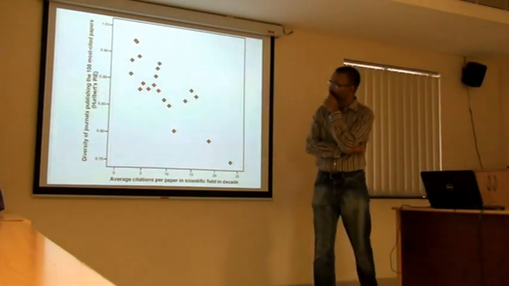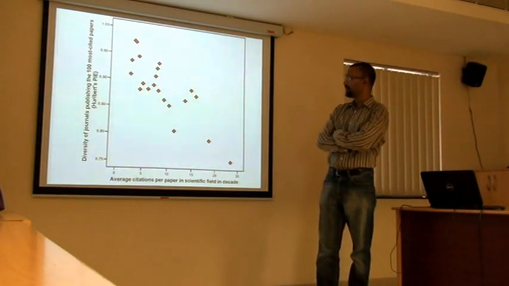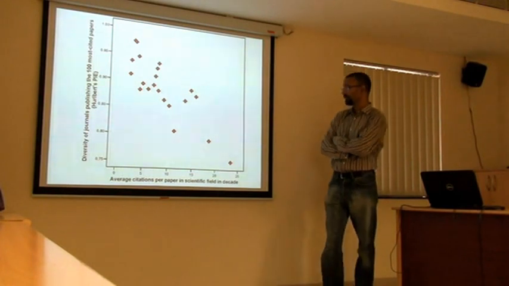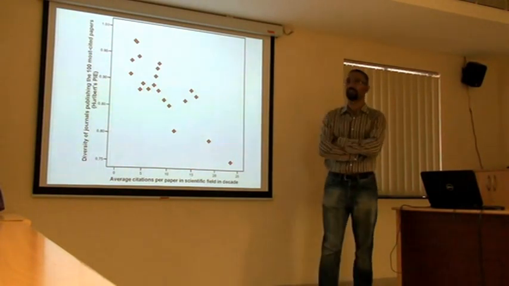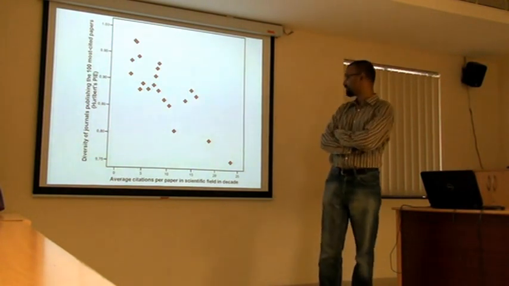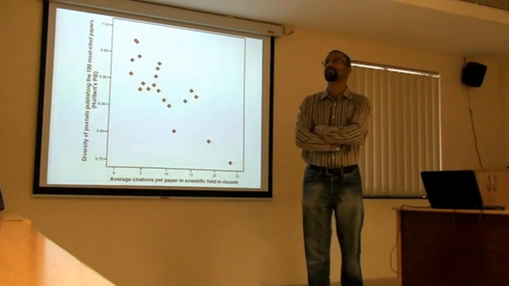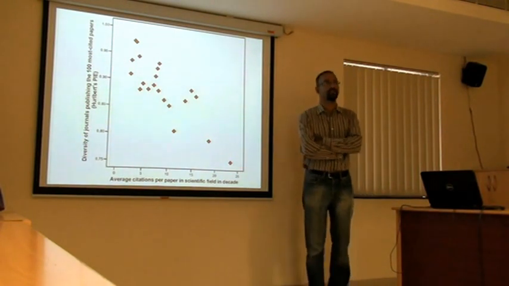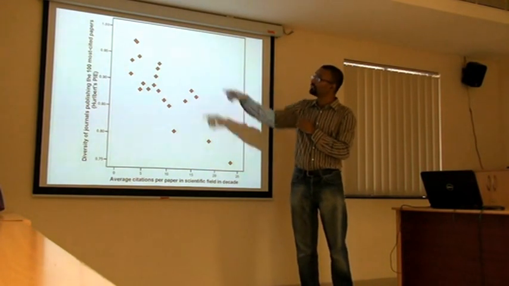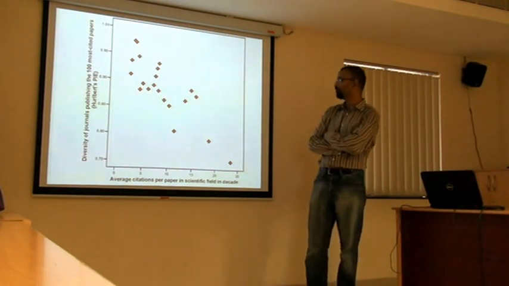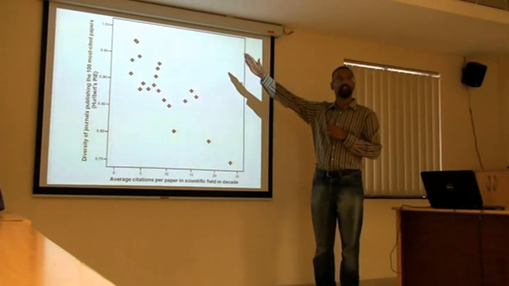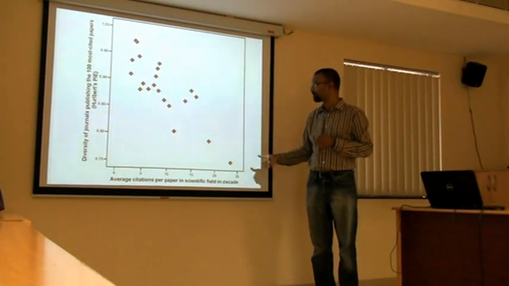So let me give you an example of that. If you look at, and this is not in the natural world, right? This is in the social world. If you look at the number of journals that have published the most cited papers, you find out that there are lots of journals that seem to be publishing 1 or 2 highly cited papers, but it's clearly a very sharply negative slope, right?